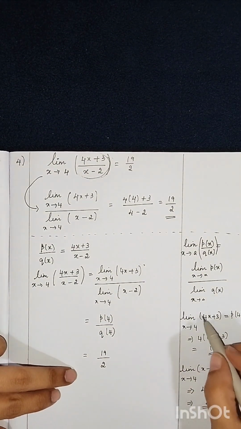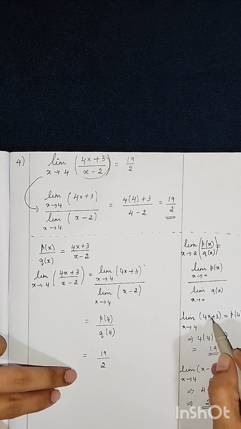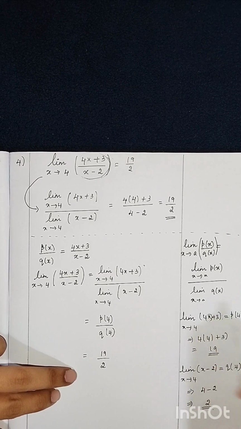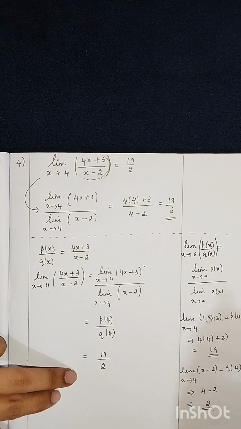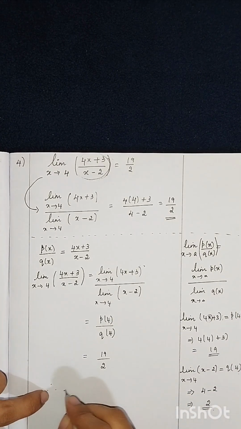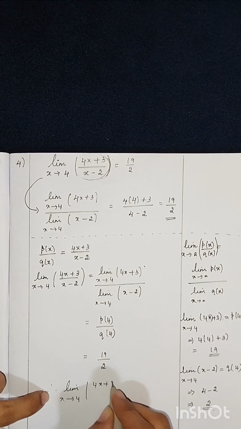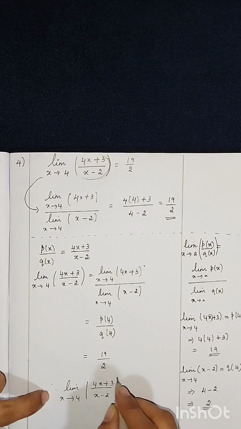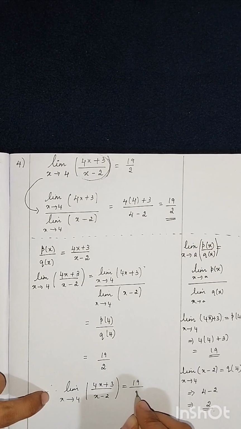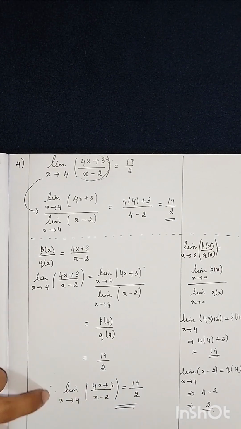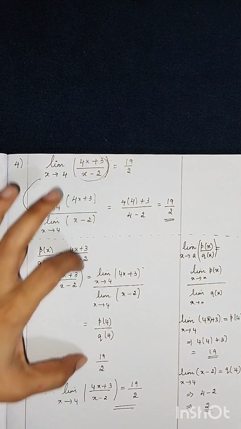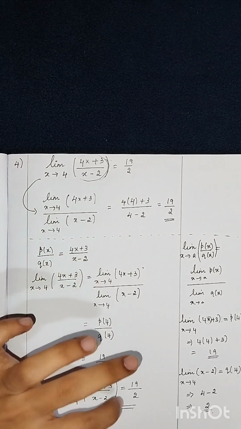So when you have a polynomial function, in the place of the independent variable x, you can directly substitute. Therefore, limit x tends to 4 of 4x plus 3 divided by x minus 2 is equal to 19 by 2. This is the way you are going to get the answer.